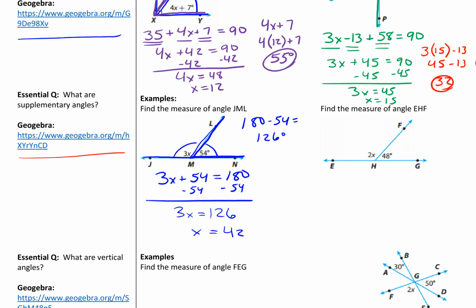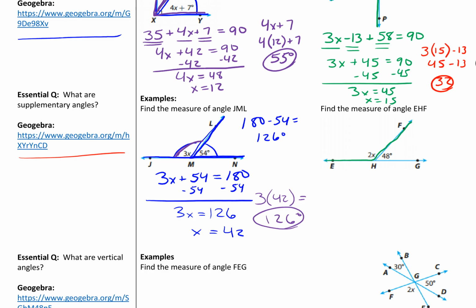And if I want to make sure that the value of x is correct, all I have to do is plug that into my expression here, 3x. 3 times 42 does equal 126 degrees. So that is correct.